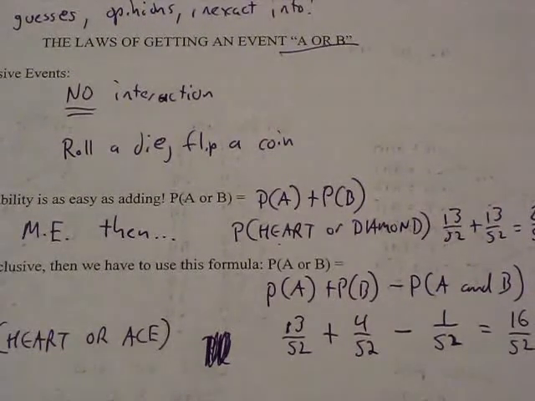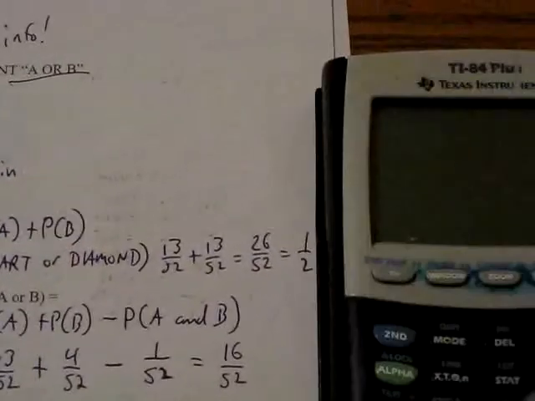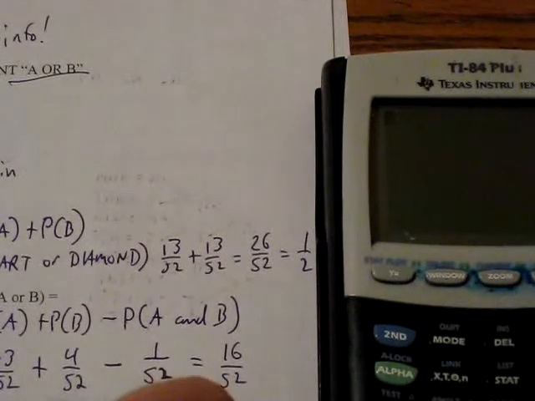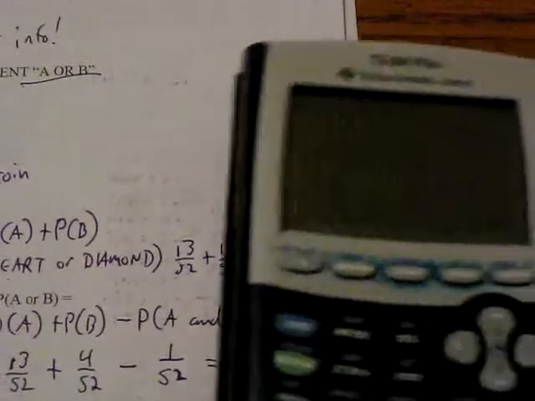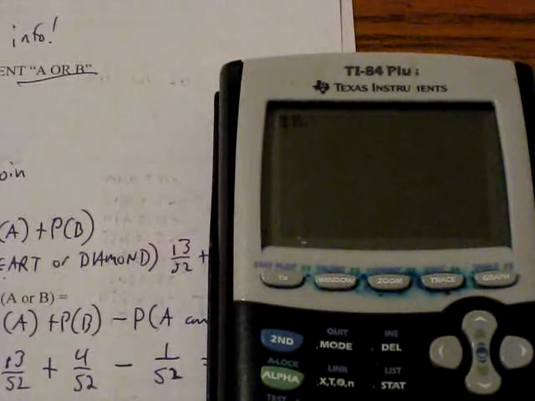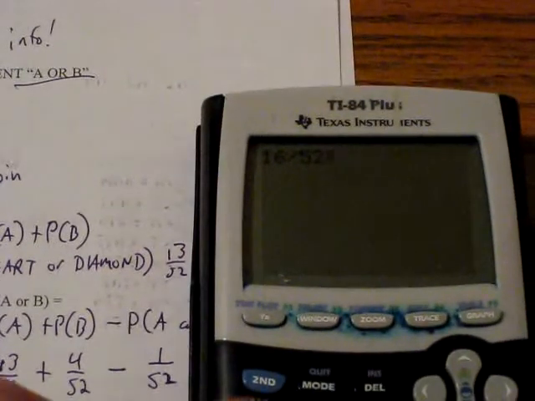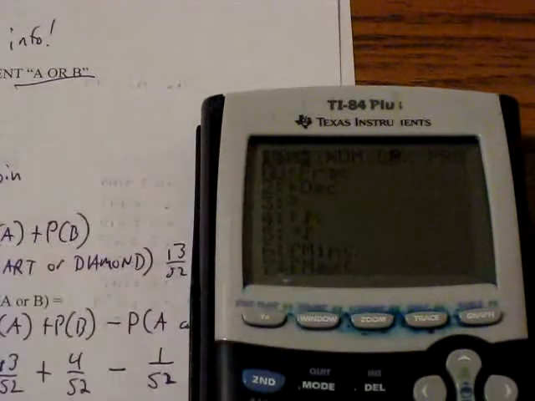And that 16 over 52 can be reduced, and I want to show you a cool way to reduce on your calculator. I know you could probably easily divide by 2 or 4 or 8, but one of the easier ways when you get to bigger numbers, with 16/52, is to hit the math button and then the fraction button, and that will simplify that fraction toot sweet.